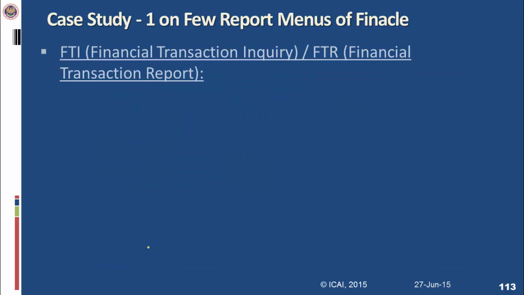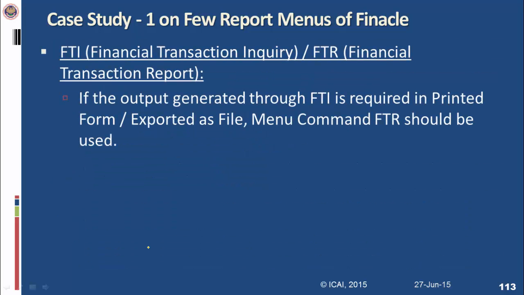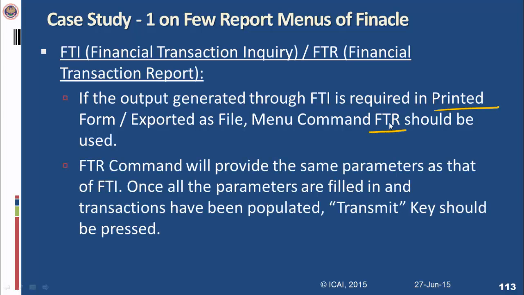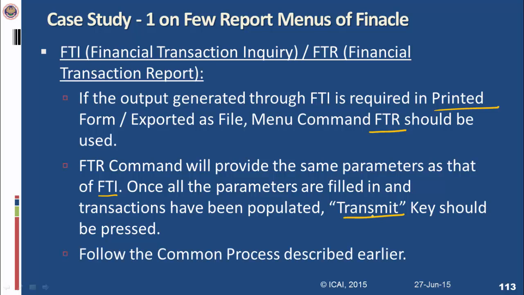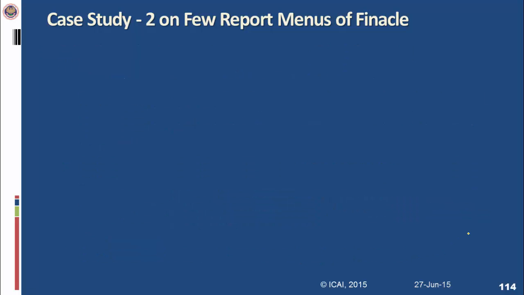Once that is done and the information is populated, if the output is required to be printed, then the FTR command should be used. FTR command will provide the same parameters as that of FTI. Once all the parameters are filled in and the transactions have been populated, the transmit key should be pressed, and then the common process that we have described earlier should be followed.